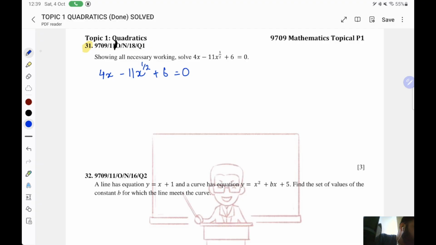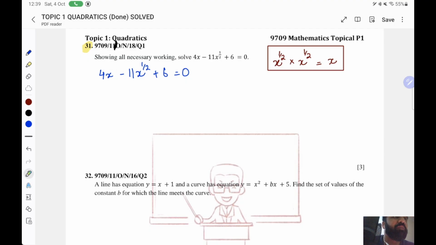But before doing that, let me tell you one thing, that x power 1 by 2 multiplied by x power 1 by 2 is equal to x. If you multiply x power 1 by 2 with x power 1 by 2, it will always be equal to x. Make sense to you? Now this x written over here is basically x power 1 by 2 times x power 1 by 2.